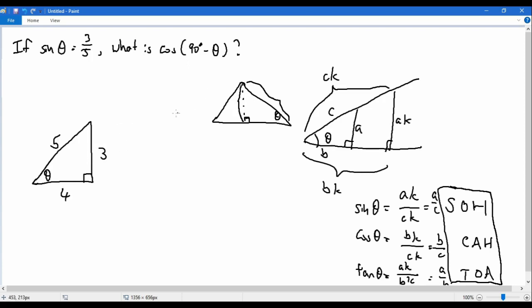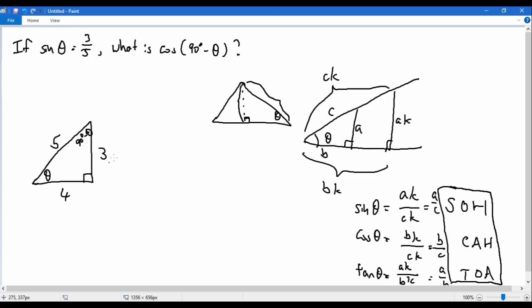Now what is cosine of 90 minus theta? Well, that means we need to find out what 90 minus theta is. And if we see this is a right angle, and since all of the angles add up to 180, the other angle must be 90 minus theta. So what is cosine of 90 minus theta? So CAH, it's adjacent over hypotenuse.